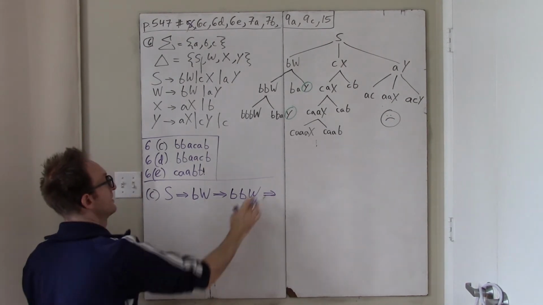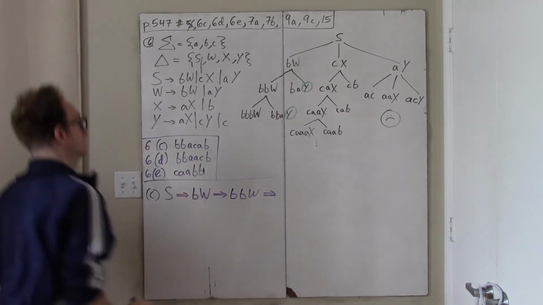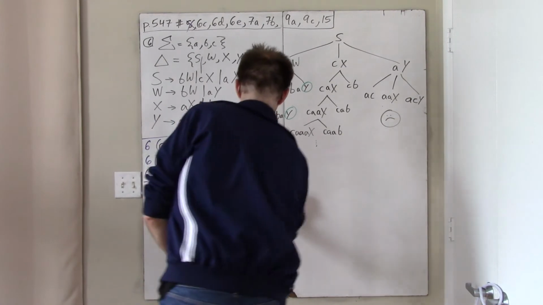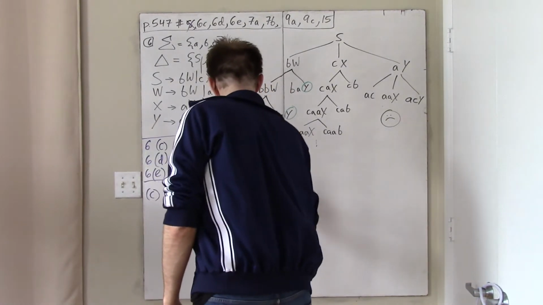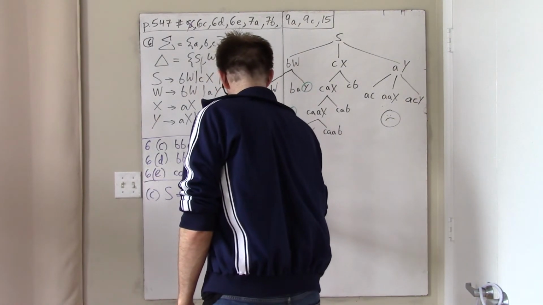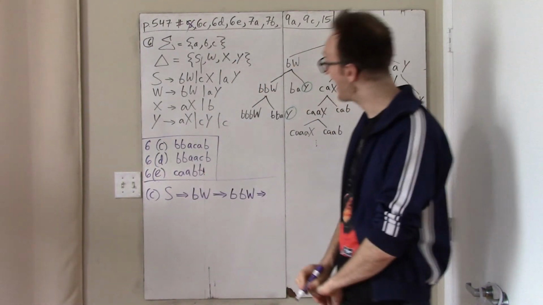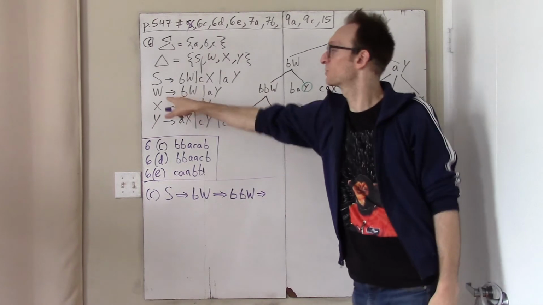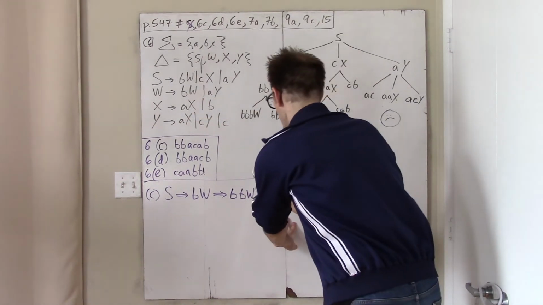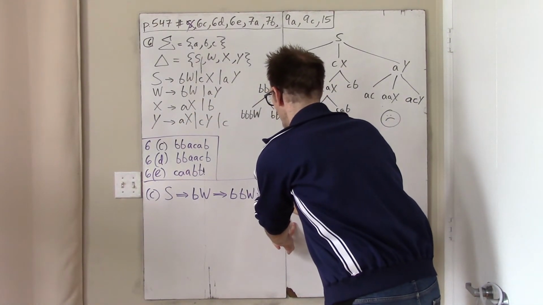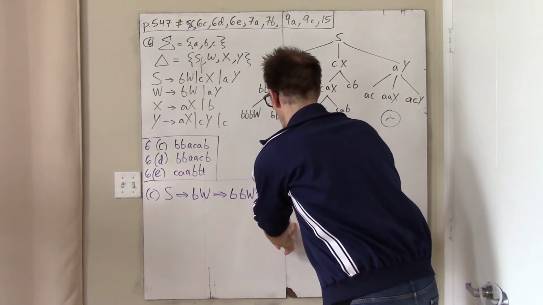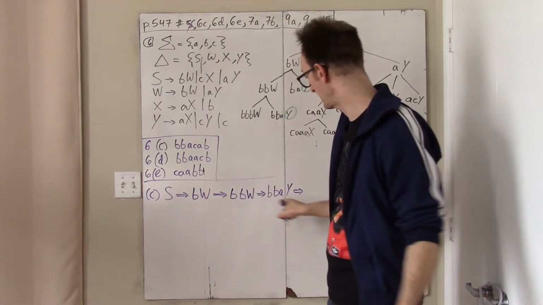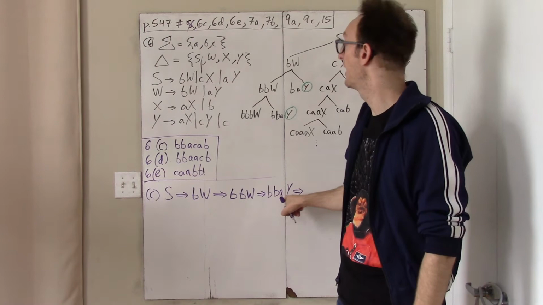Okay, and now the next character just needs to be an A. I gotta write smaller. The next character just needs to be an A, and there's only one rule to write A from non-terminal W. It's AY. So I now perform the BBAY. I substitute for W, AY.